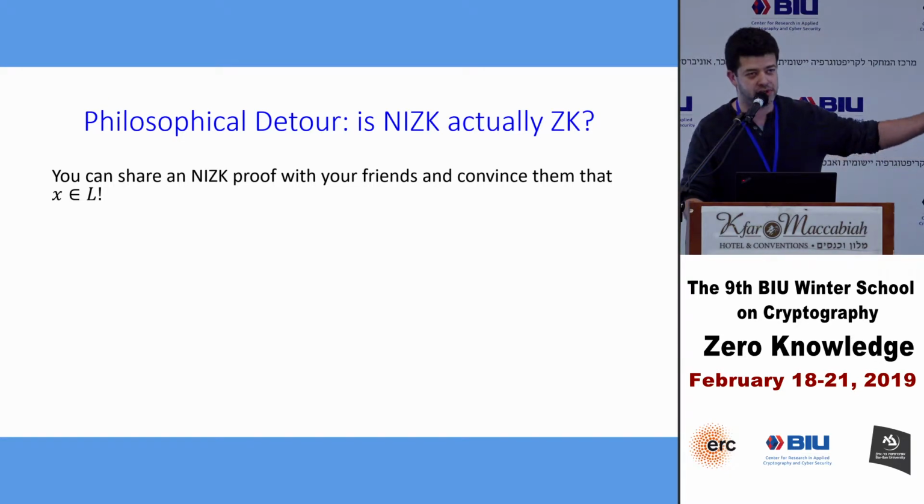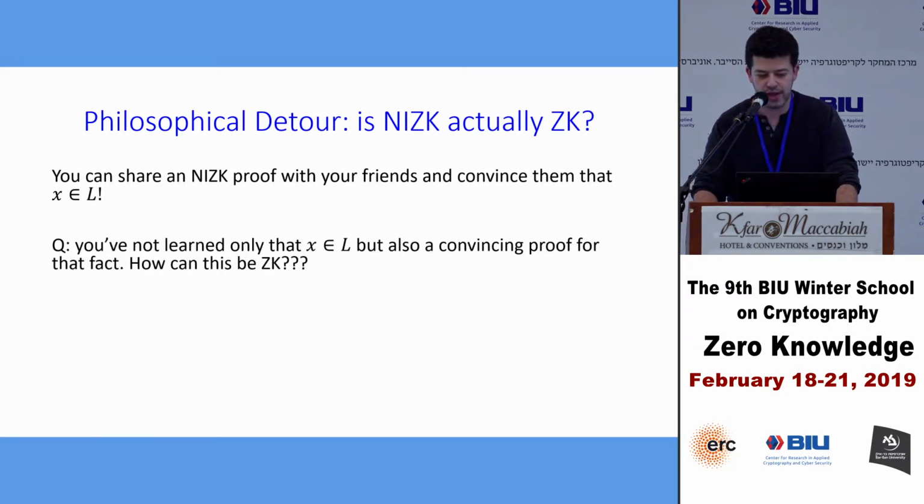As long as you're using the same CRS, you can just take this proof, it's a static object, and give it to your friend and convince him that X is in the language, which is very different from what we saw for regular zero knowledge, in which you cannot do this. In particular, you might argue that you've actually learned something about X, namely, a convincing proof that you can share with other people that X is in the language. So how can this be zero knowledge?